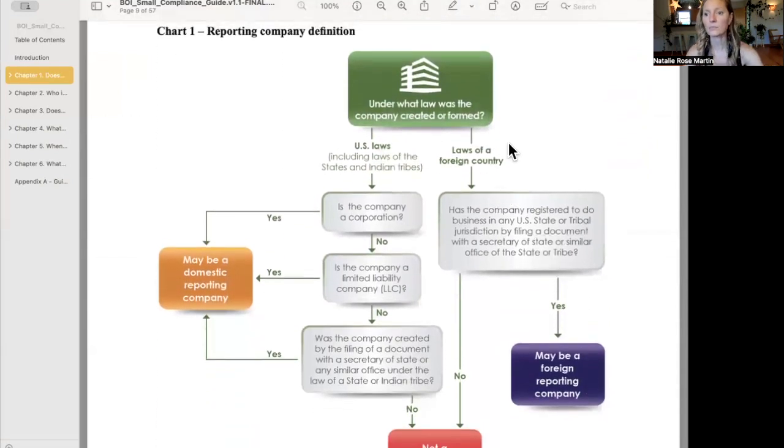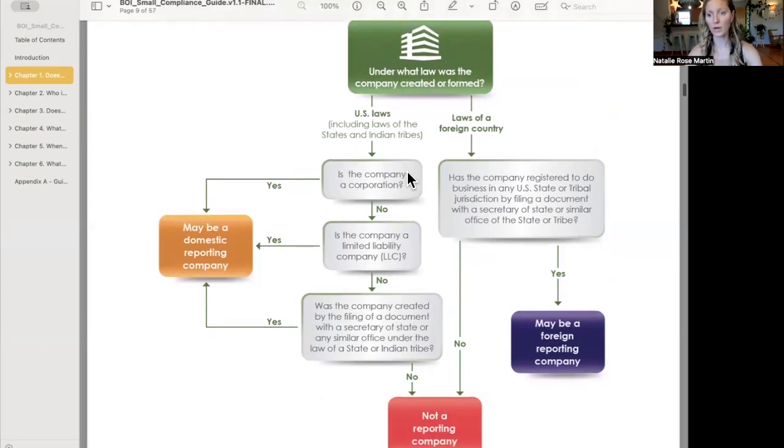So, under what law was the company created or formed? If you have a trust and the trust was established in the US, you could go here. And if the trust was established as a foreign grantor trust, then you could go to this side.